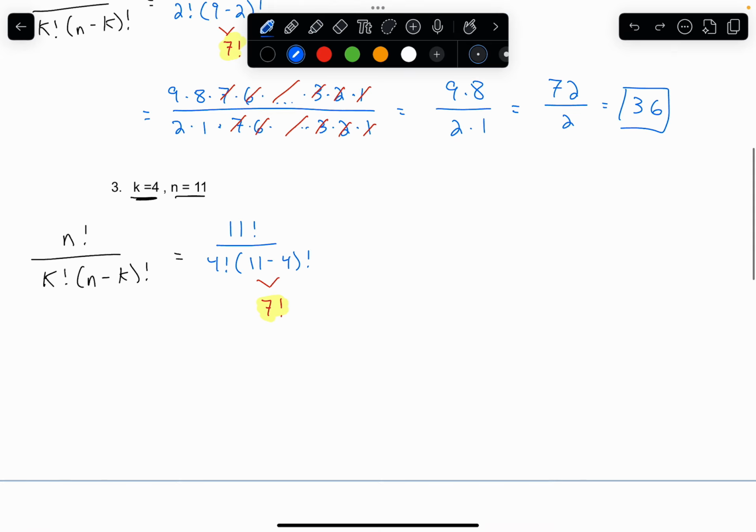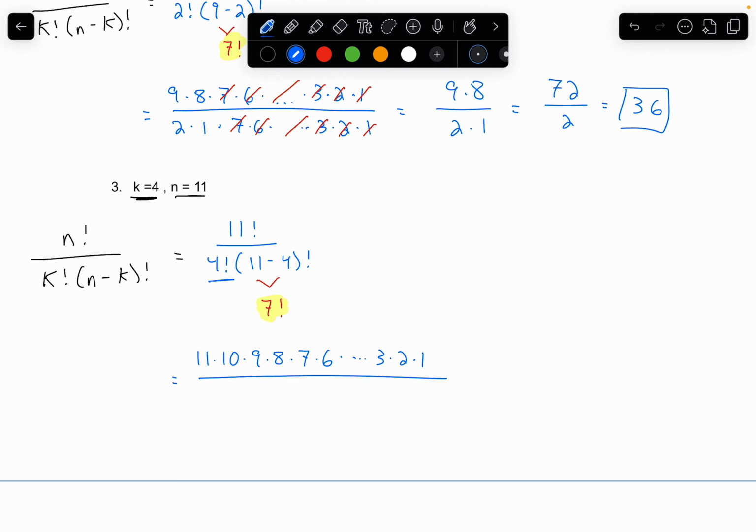When I go to write out my numerator, that 11 factorial, I'm going to try and work my way at least to that 7. So 11 factorial would be 11 times 10 times 9 times 8 times 7 times 6 times 3, 2, 1. And in my denominator, 4 factorial, we can write that out. That's not too difficult to do. 4 times 3 times 2 times 1. And then the 7 factorial. This is the part that I'm going to try and cancel.